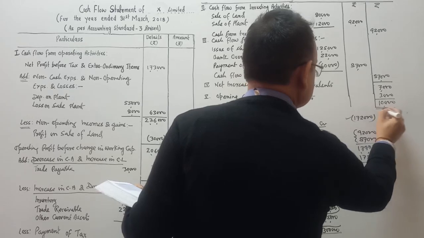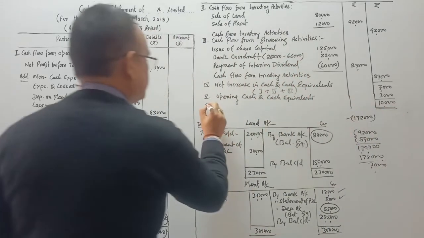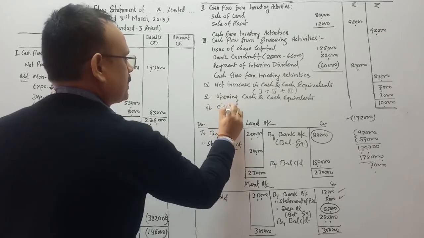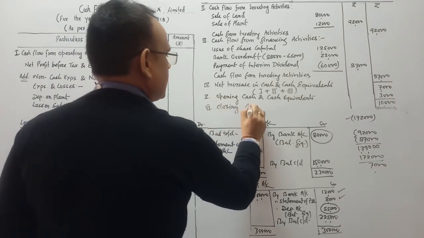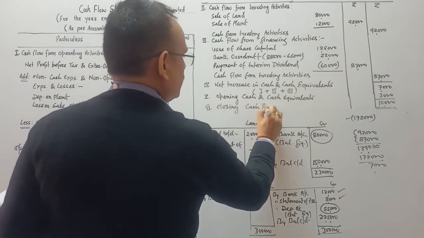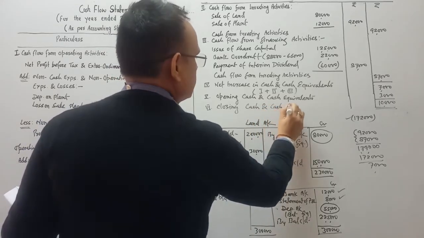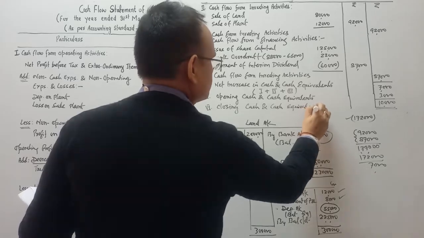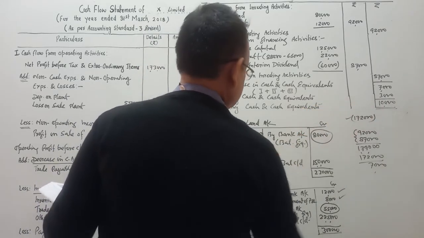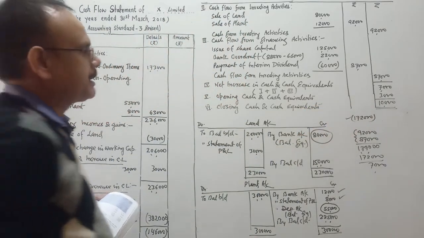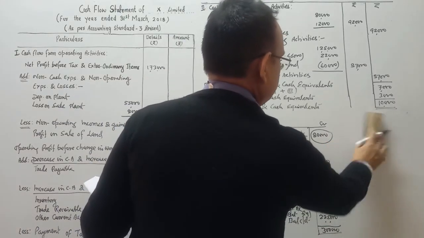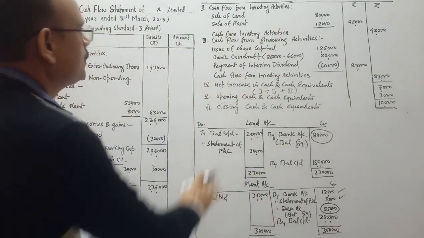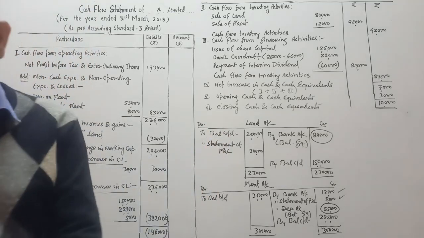This must be matched with the cash and cash equivalent at the closing. 10,000. Okay, so it is completed. This one is the working note. Is it clear?